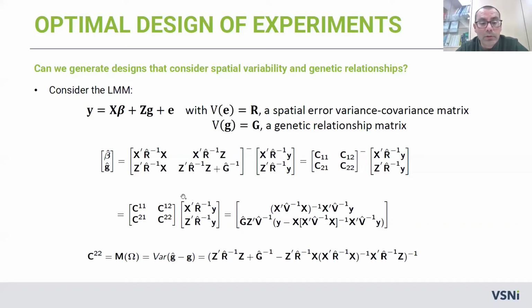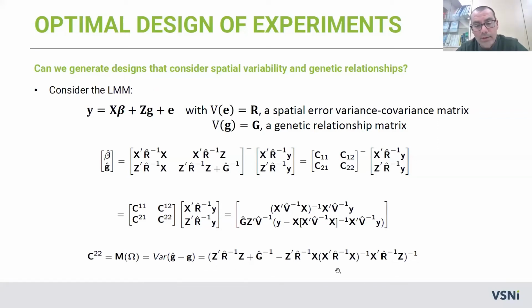So when you construct the mixed model equations and try to solve the system, you have this C matrix that gets inverted into this. And actually, this C^22 is the variance-covariance portion of the random effects, which are your genetic effects. So if you take that, I call it M(omega), where omega represents a specific design, I have this matrix of the number of genotypes by the number of genotypes, which represents the variance of those effects.